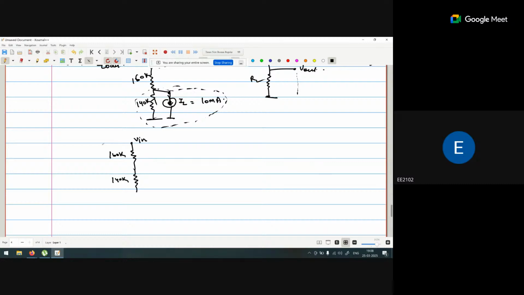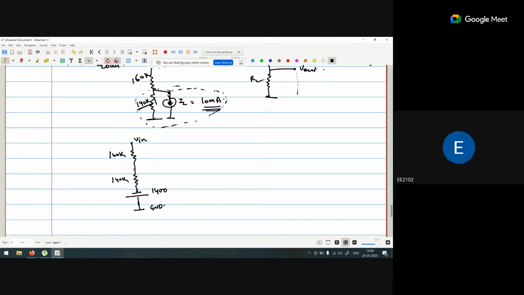The direction of the current will be towards the ground. Now the value of this one is 140K, because 140 multiplied by 10 or any value actually. I am not saying that it is 10 milliampere. Any value.